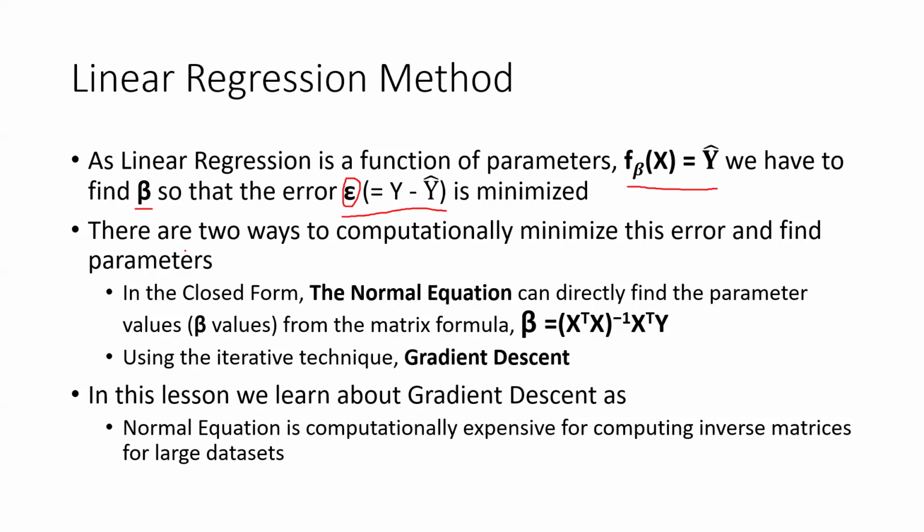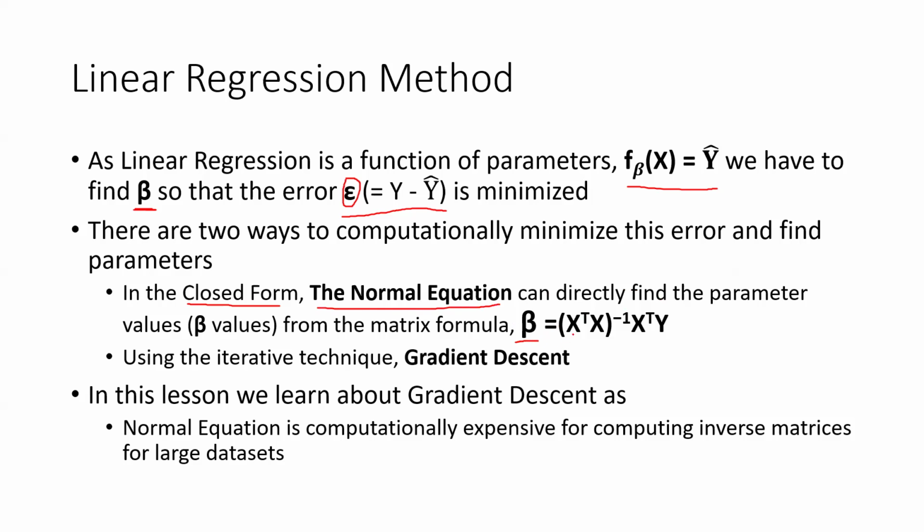So in order to find this beta vector, right? The objective of linear regression is to find the beta vector. So there are two ways that we have already discussed. One is using the closed form, using the normal equation, right? Where we can directly find the beta parameters like this, right?